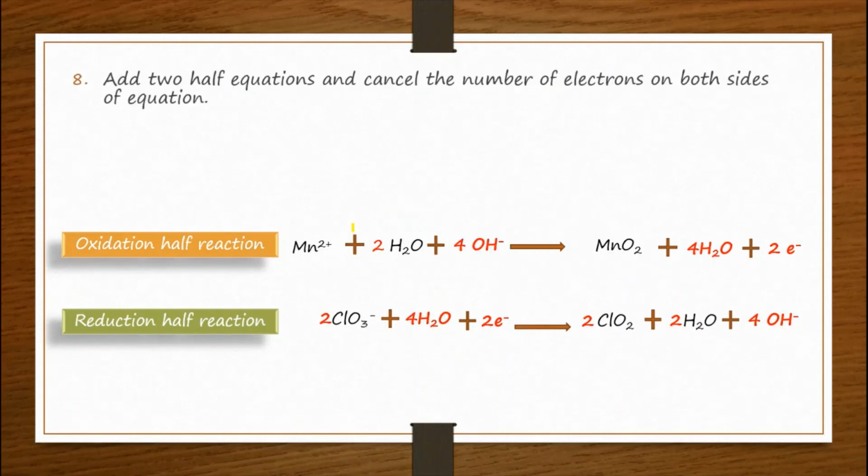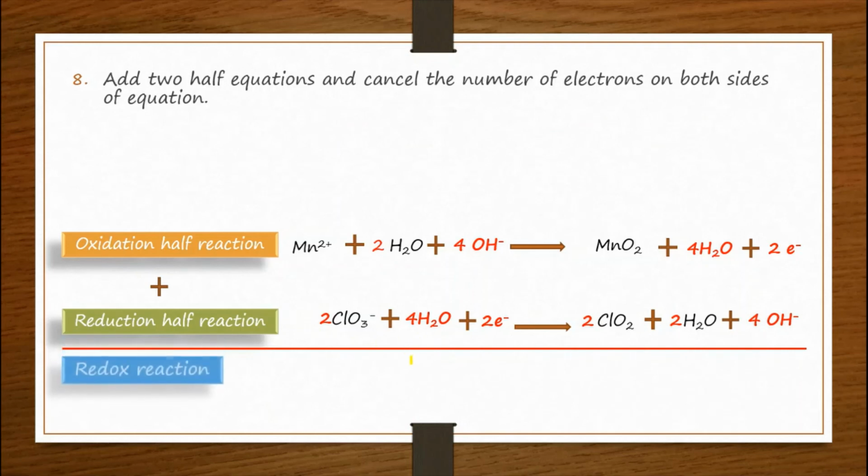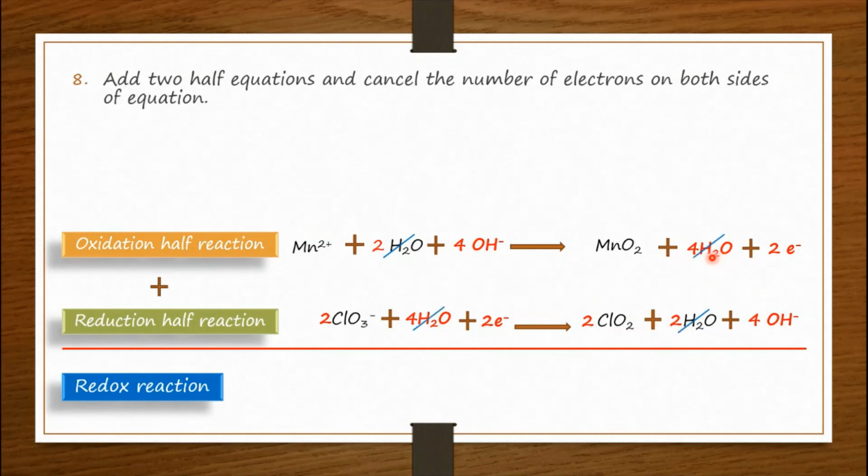Now add the 2 half equations and cancel the electrons on both sides of the equation. When you add both half equations, 2 water molecules and 2 water molecules get cancelled out. 4 H2O and 4 H2O get cancelled out. Here 2 electrons and 2 electrons get cancelled out.